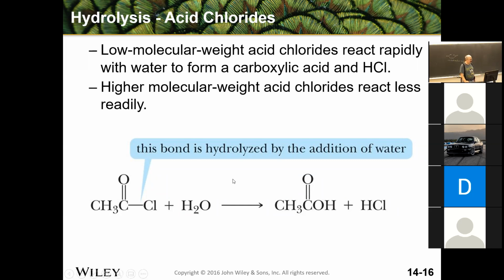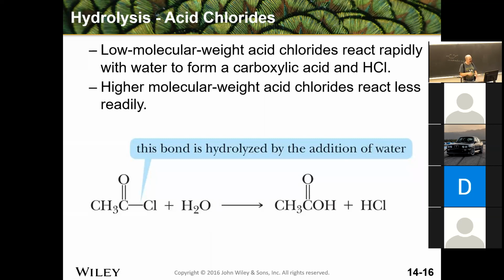So here we have acetyl chloride, and it will react just by adding water, and it produces carboxylic acid and HCl gas. Acetyl chloride is a liquid, and it will react with just water vapor in the air.